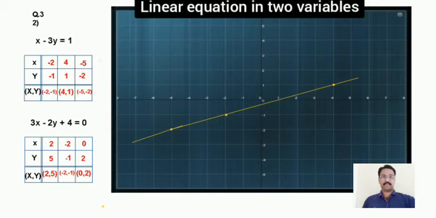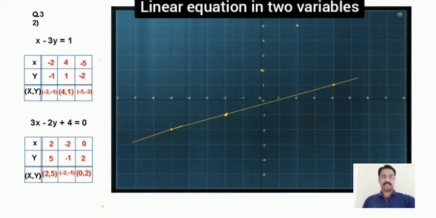Now, what about the second one? 2, 5. Where is 2, 5? In first quadrant. Then minus 2, minus 1. Again it is on the same point. Now 0, 2 means it is on the y-axis.